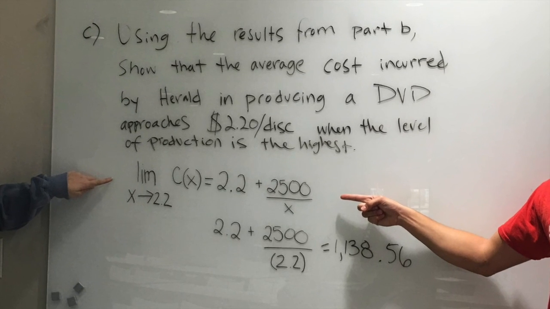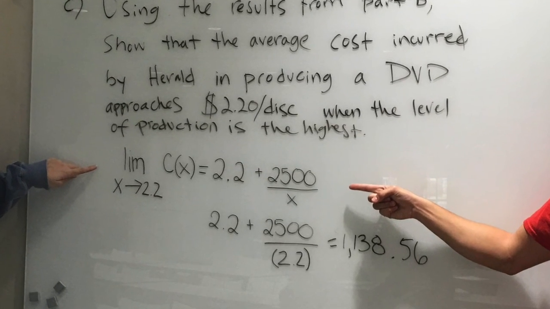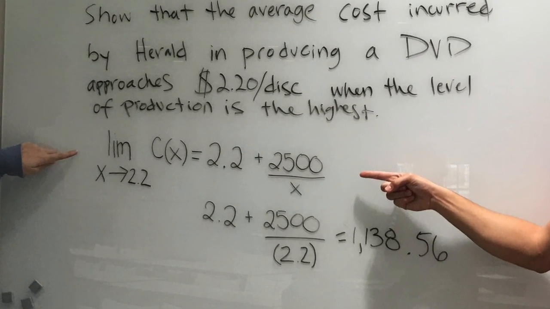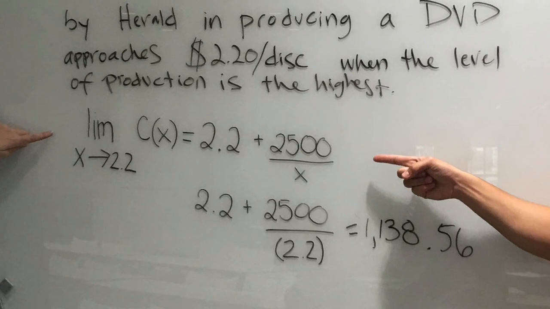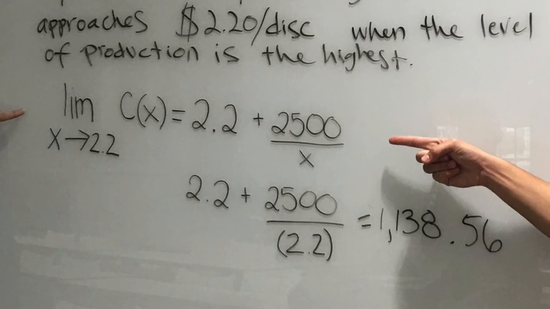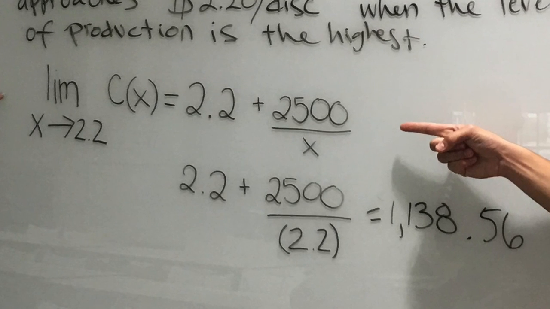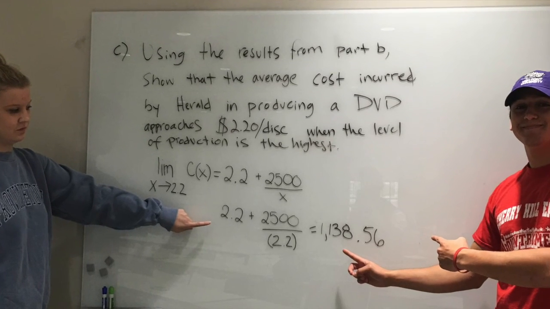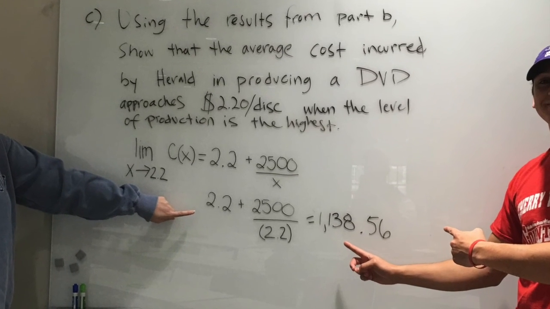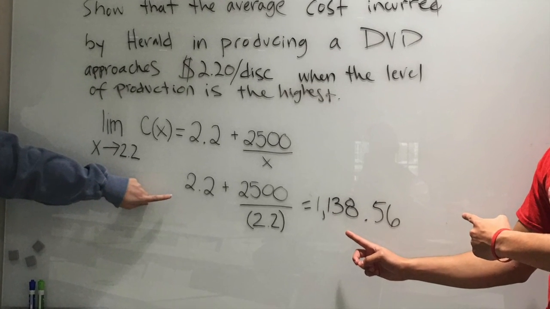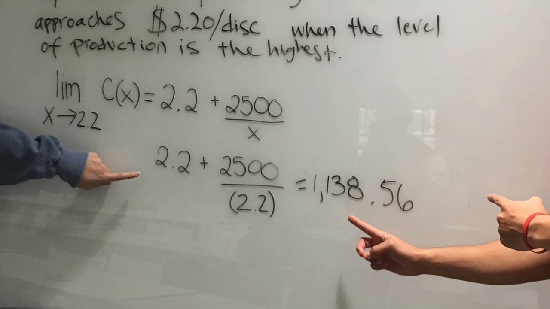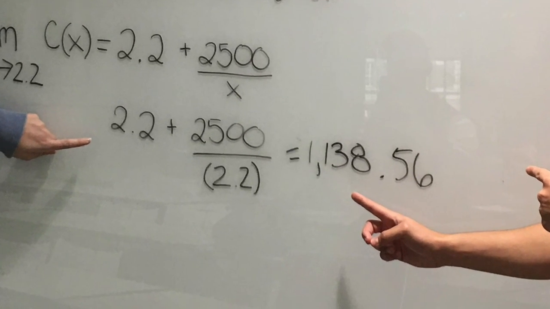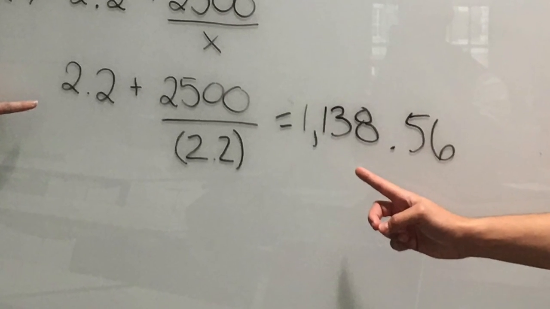So we wrote that limit, and then we used the 2.2 plus 2,500 over x, which was our average cost function from part B. We used that to set it equal to the cost as x approaches the limit. So when we solve for that, then we find that the answer is 1,138 and 56 cents.